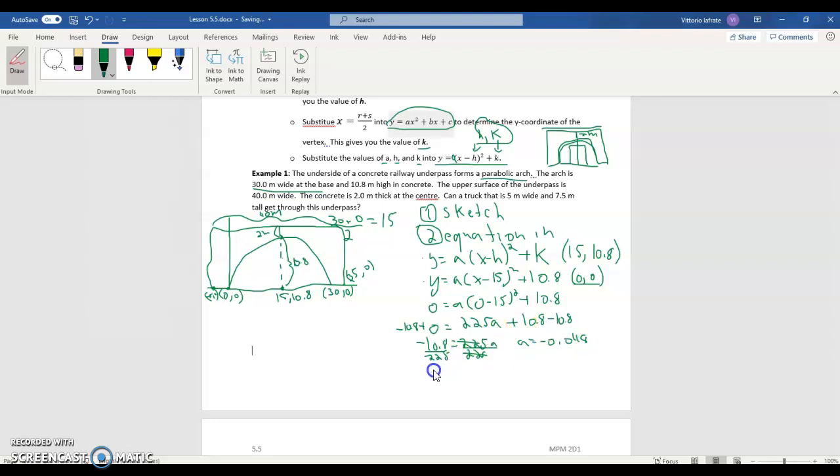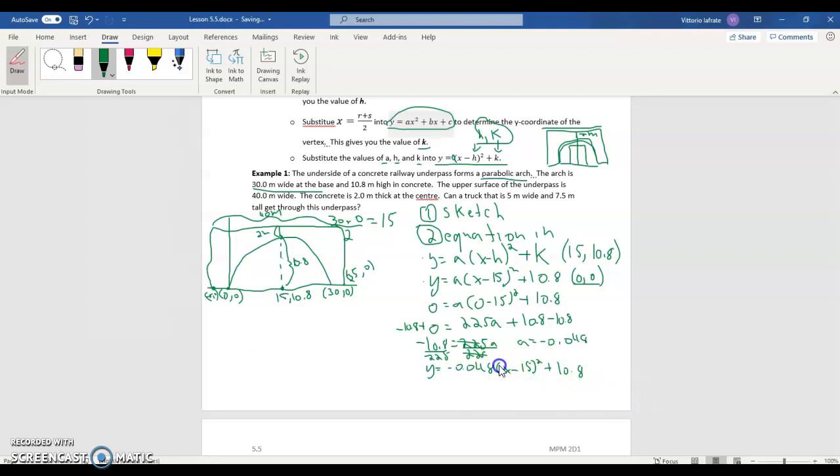Now we can plug that into our equation, and we have a full equation here. y is equal to negative 0.048(x minus 15) squared plus 10.8. And this is our equation.